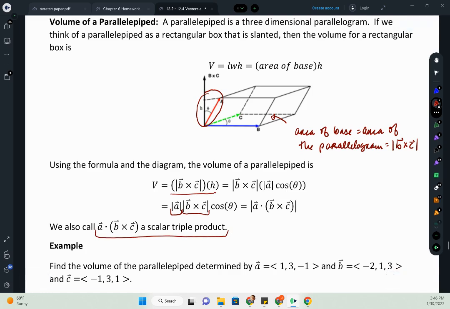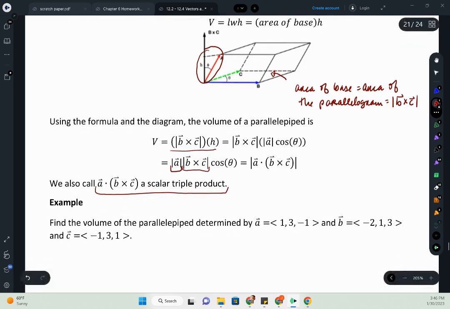And we saw this up in the properties of cross products, and that's where I named it the scalar triple product. All right, we are going to find the volume of the parallelepiped determined by the three vectors given: A, 1, 3, negative 1; B, negative 2, 1, 3; and C, negative 1, 3, 1.